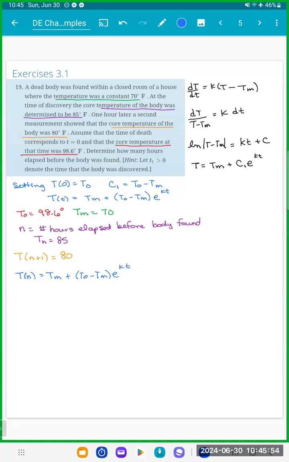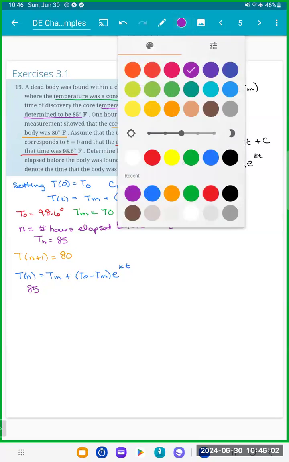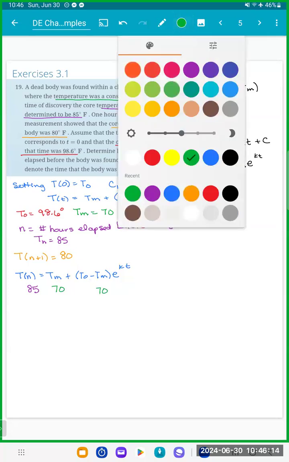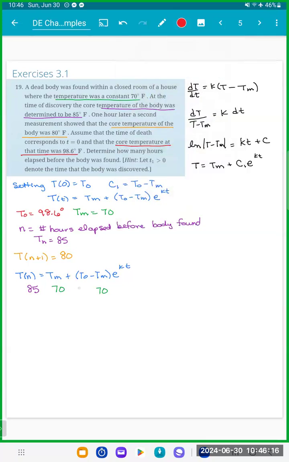We're going to plug in all these numbers that we know. We know that T of n is 85, that was our purple stuff. We know that Tm is 70. We know that T naught, our initial, is 98.6.